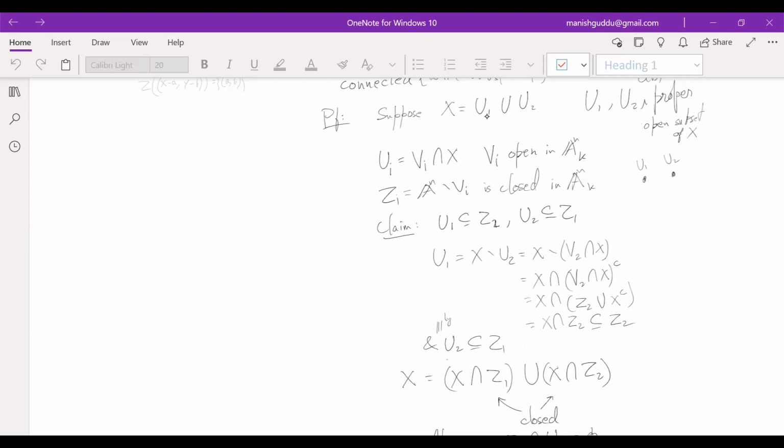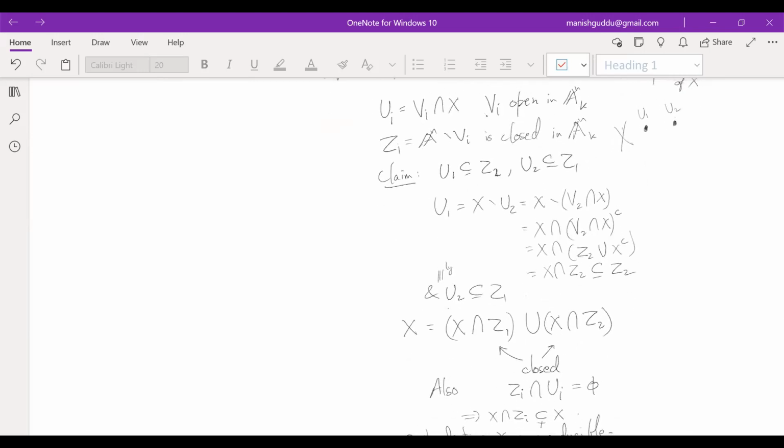Okay, so U1 is something like this, U2 is something like this, two points, and X is made of these two. So our candidate for Z2 is some closed subset which contains U2, and Z1 is something like this. So what we get is X is X intersection Z1 union X intersection Z2, because remember U1 is the same as X intersection Z2, and U2 is the same as X intersection Z1.